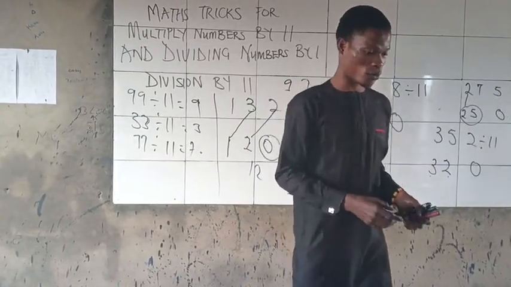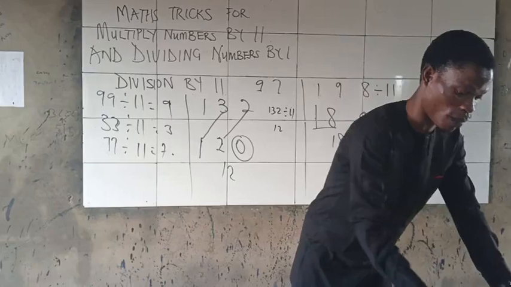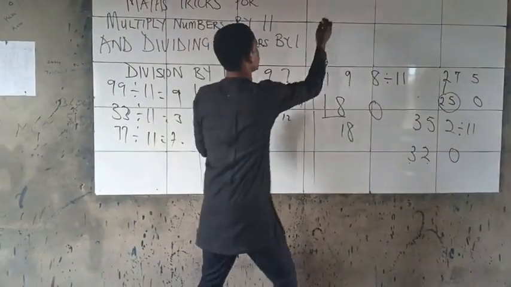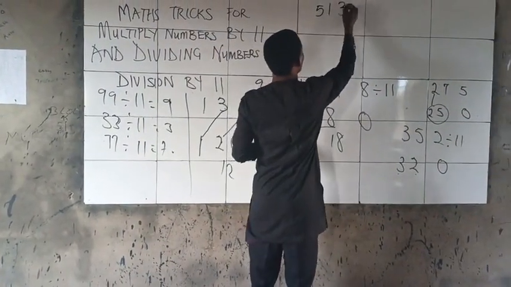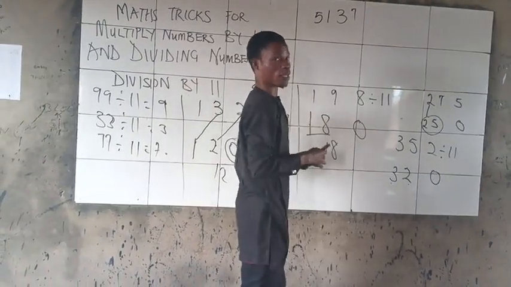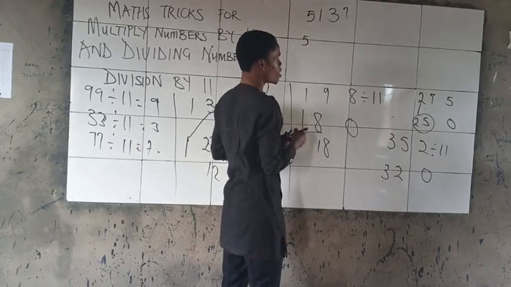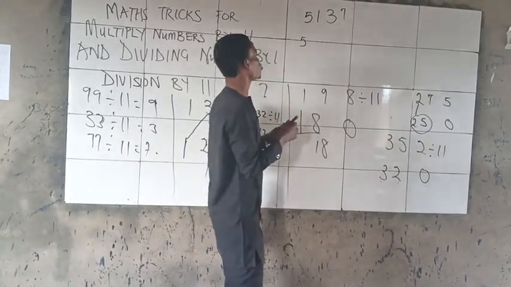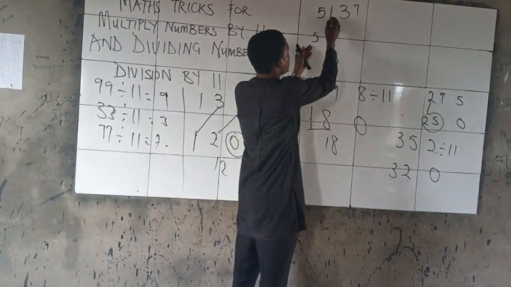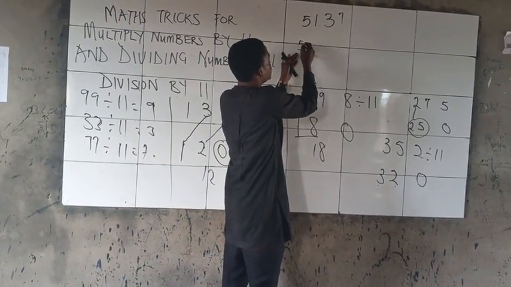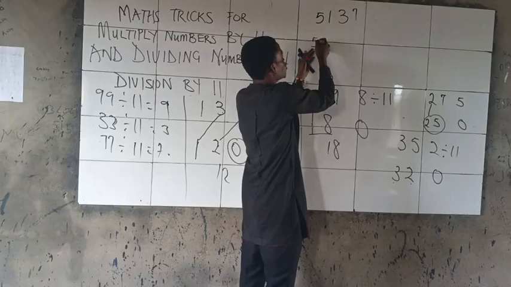How about a bigger four-digit number, like 5137 divided by 11? First write the first number, 5. But there's a little issue: 1 minus 5 is not possible.